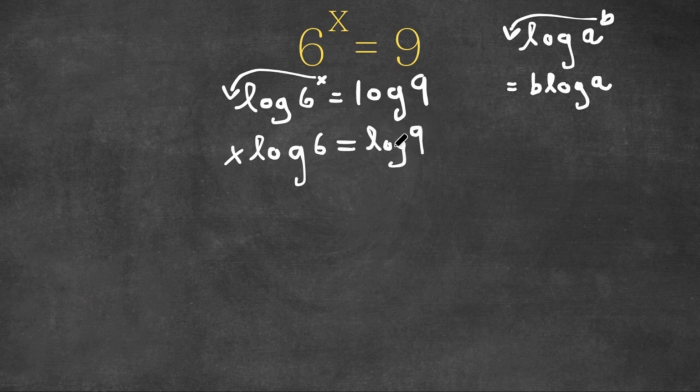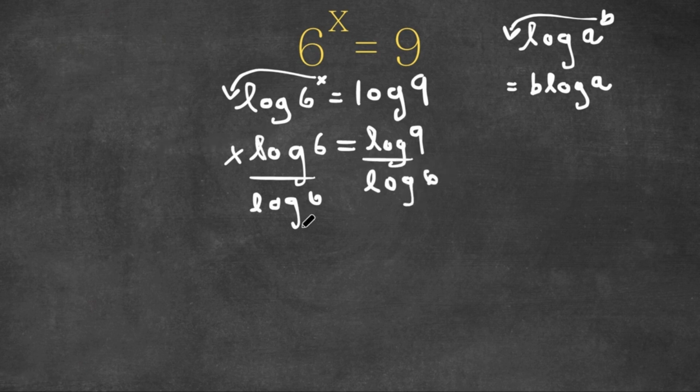Now to isolate x, I'm going to divide both sides by log 6 so that we can move log 6 to the other side. So now we have x times log 6 divided by log 6 is equal to log 9 divided by log 6.